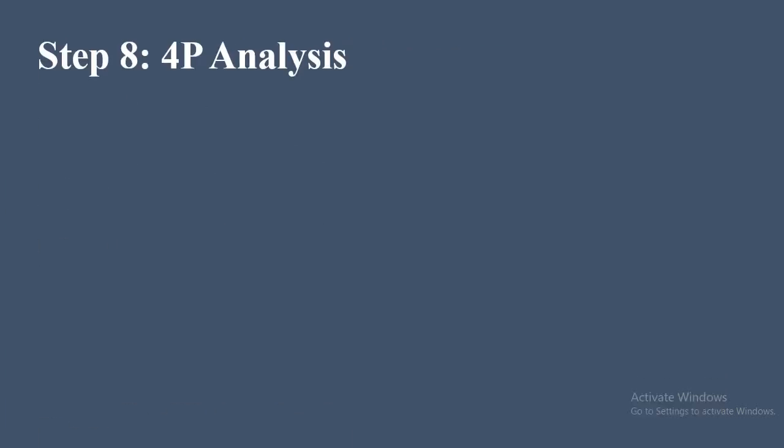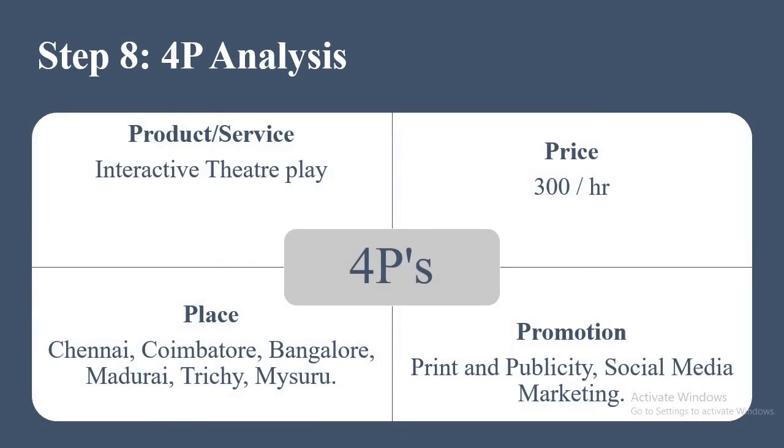So next is about doing a 4P analysis. Now it is called 7P. You have people, process, and physical evidence added to it. If you want, you can have a 7P analysis also. In this, we are going to tell what you should not do. In the products or services, you should not just type your product.